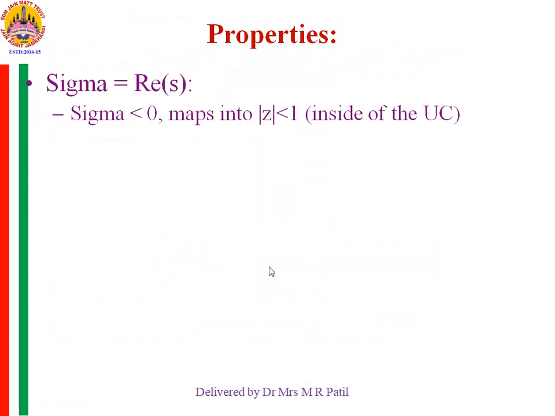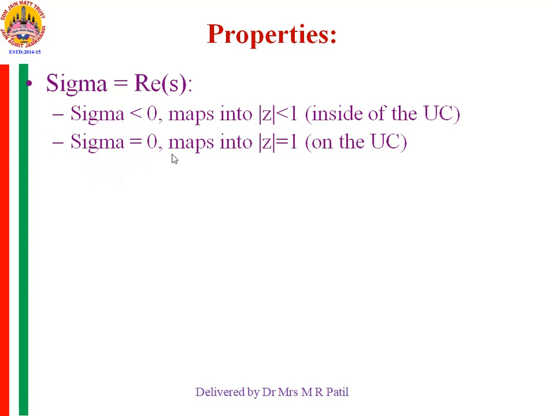So if sigma is less than 0, the magnitude of z will be less than 1. That is, all the points will map inside the unit circle. So for a stable and causal system, we require the pole locations lying in the left half, where sigma is negative.